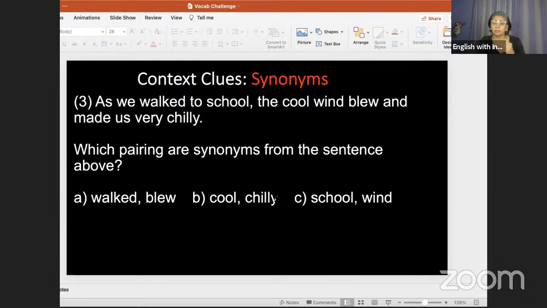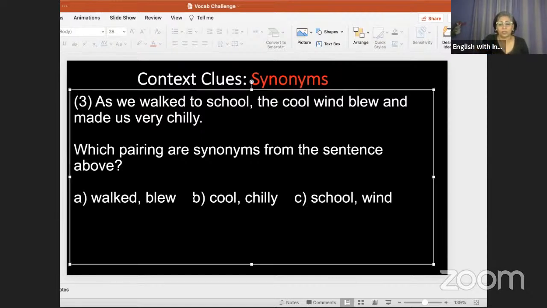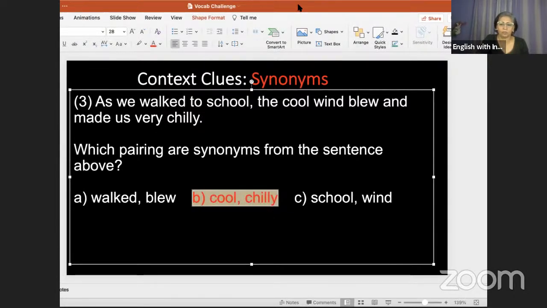Chilly means a little bit more intense, the coolness is at a slightly higher level. So cool and chilly is a pair. Those are synonyms, close words. So what's our answer here? The pair is cool and chilly.